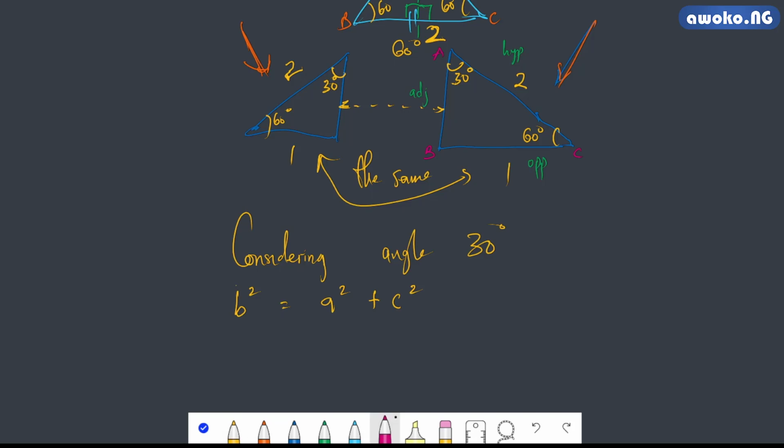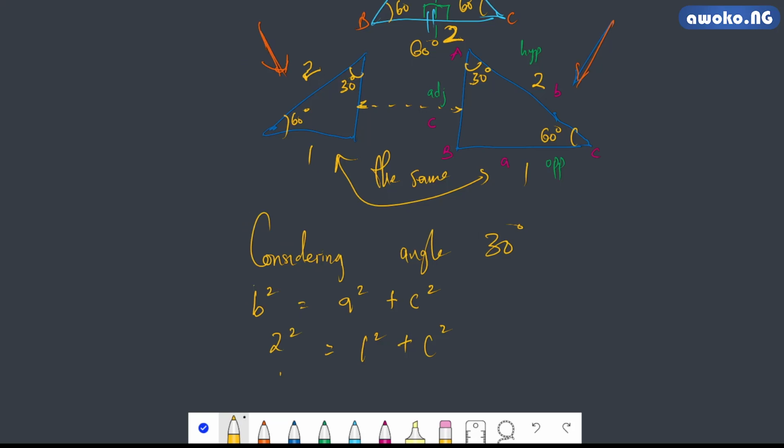Of course, this is a, this is b, and this is c. Is that okay? So our b squared is 2 squared, which is equal to 1 squared plus, let's call the adjacent side, let's make it c squared. So this gives 4 equals 1 plus c squared.